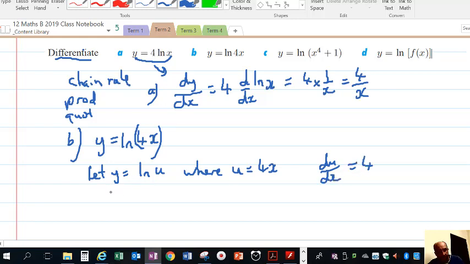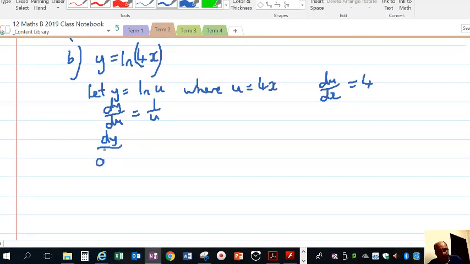The derivative of the outer function, dy du, is 1 on u. Okay, because it's basically finding the derivative of log x, except for we have u. And so that means by putting it all together using the chain rule, dy dx equals dy du times du dx, which is 4 over u, unsubstitute 4 over 4x, which is 1 over x.